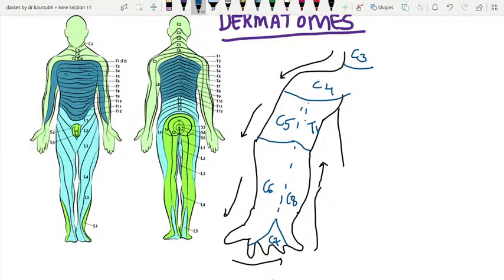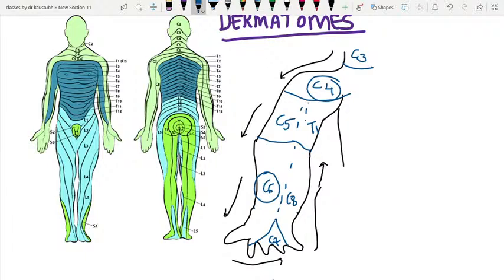This is how you need to remember the dermatomes of the upper limb. Shoulder C4, deltoid region C4, lateral half of the arm is C5, lateral half of the forearm and the thumb region, that is the thenar eminence and the thumb, will become C6. The middle three fingers and the palm related to that will become C7.